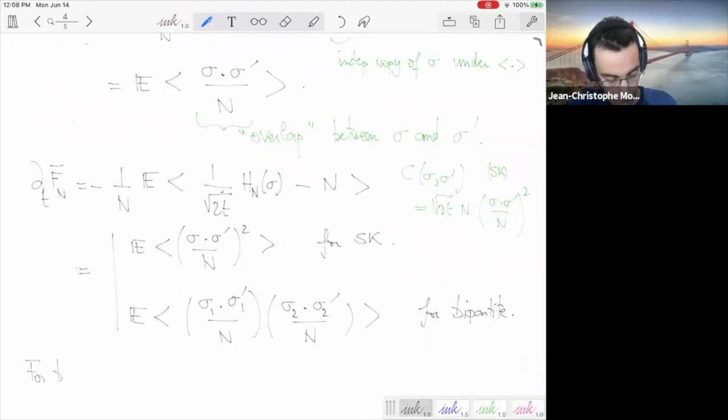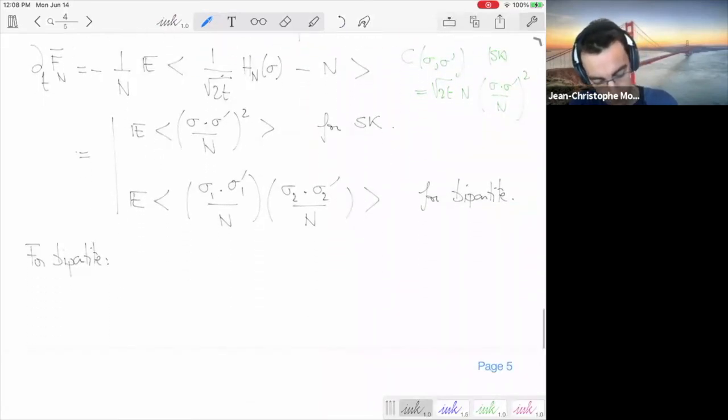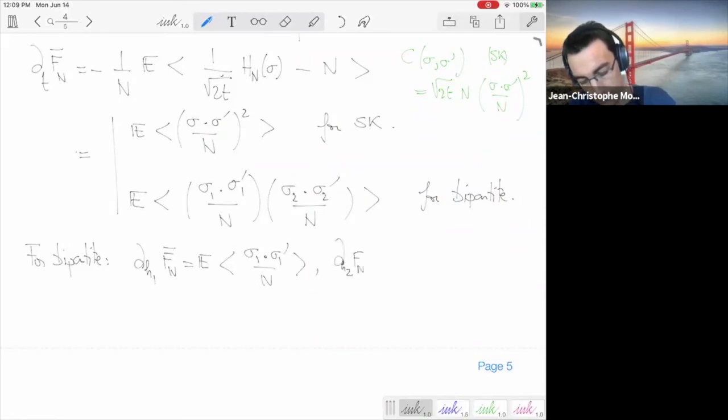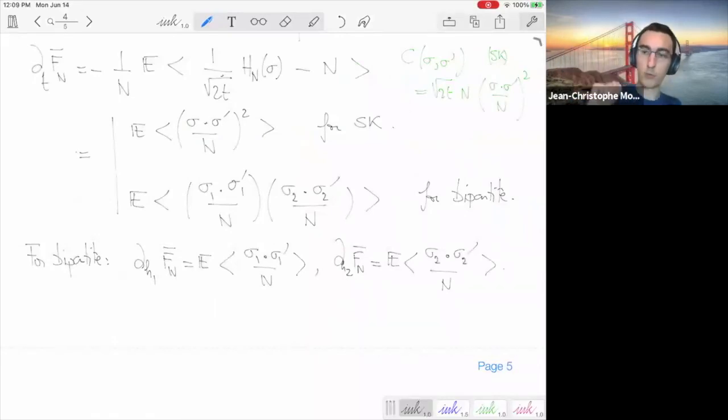For the bipartite, we will have the H1 Fn bar equals, and same with H2. Okay, so let's go back to SK.